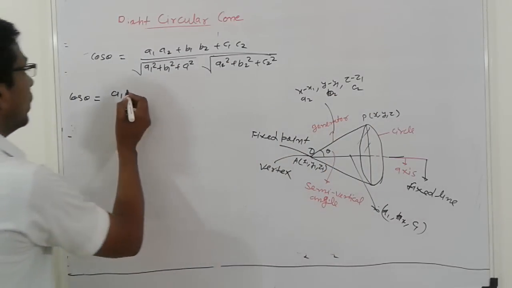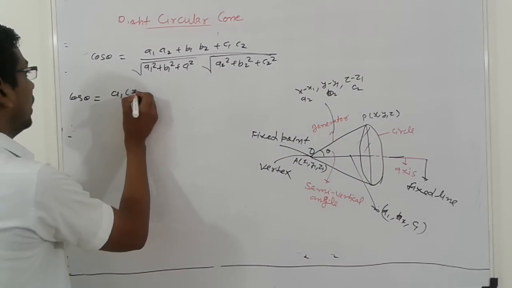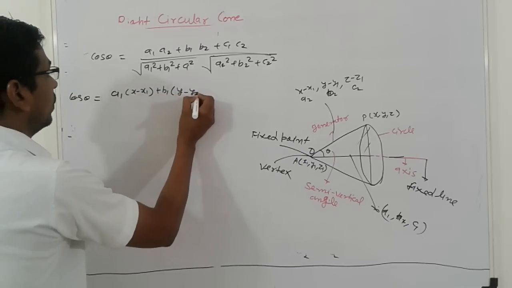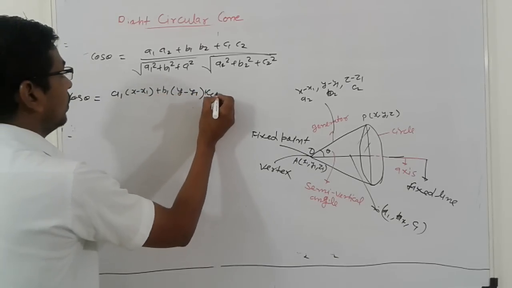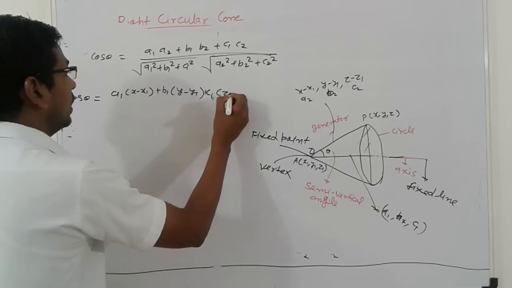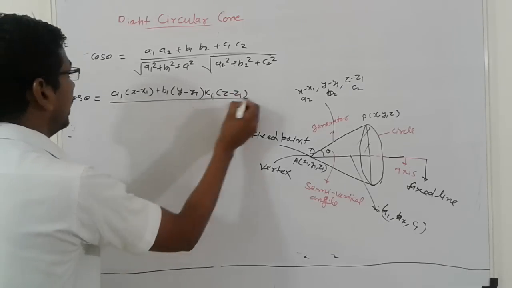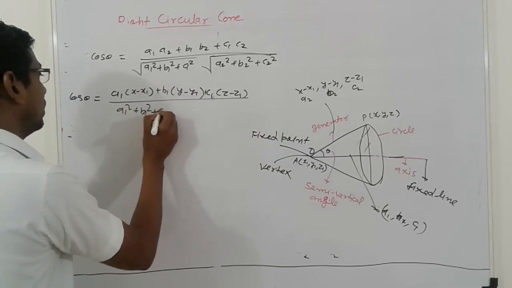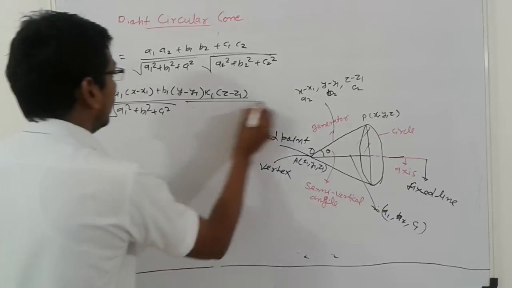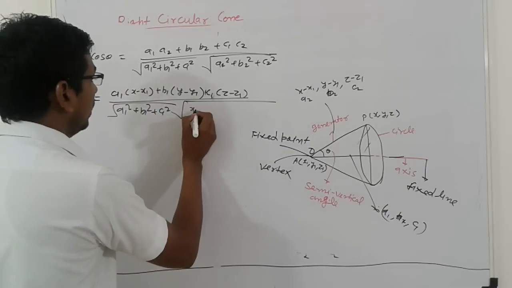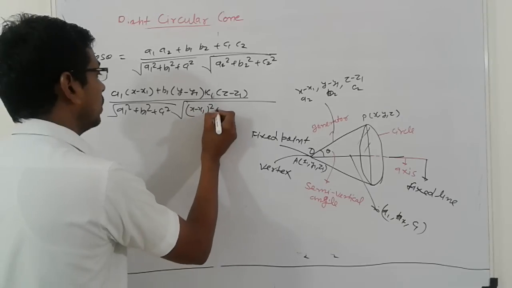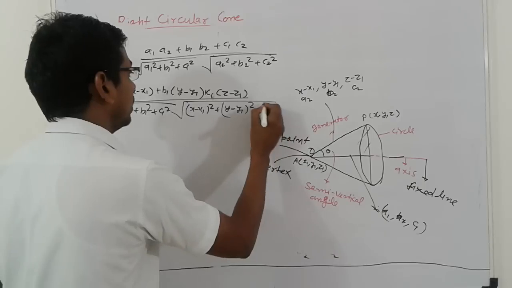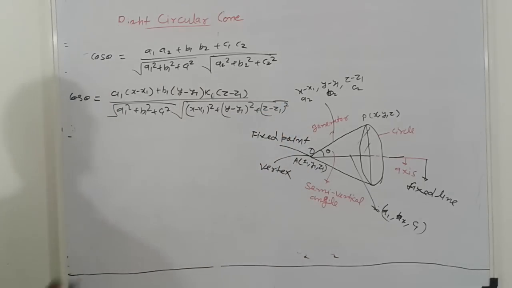So a1 into x minus x1, plus b1 into y minus y1, plus c1 into z minus z1, divided by the square root of a1 squared plus b1 squared plus c1 squared, and the square root of x minus x1 whole squared plus y minus y1 squared plus z minus z1 squared, equals cos theta.